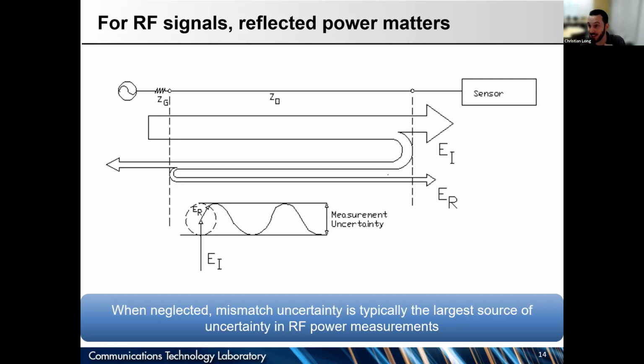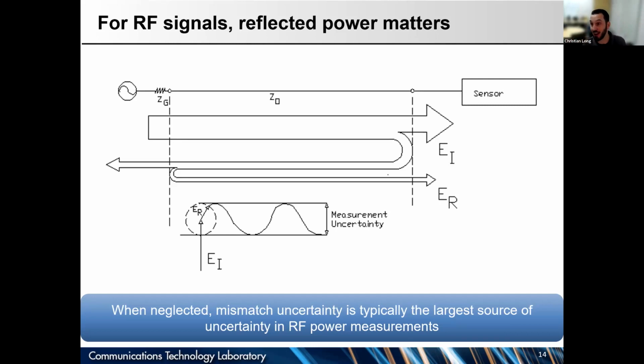Even for a well-matched sensor, if you ignore the mismatch corrections and just connect your signal generator to your power sensor and read out the power without thinking about the reflection coefficient of the sensor and the reflection coefficient of the source, the dominant source of uncertainty is most likely going to be the mismatch corrections.